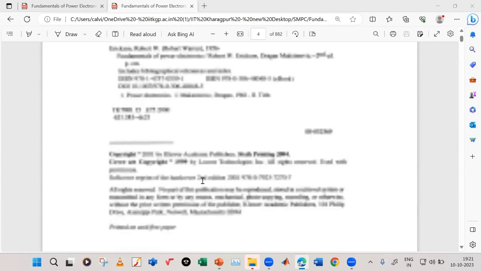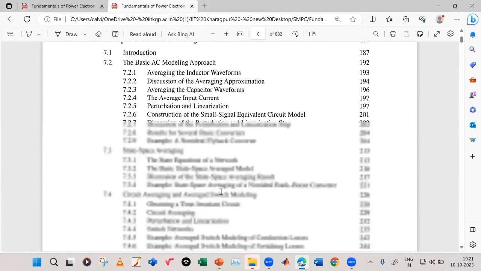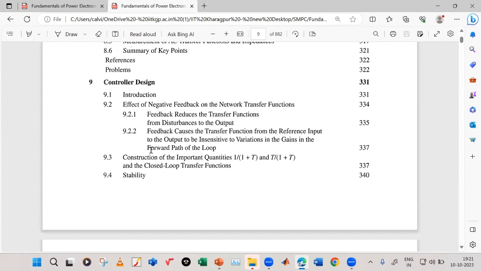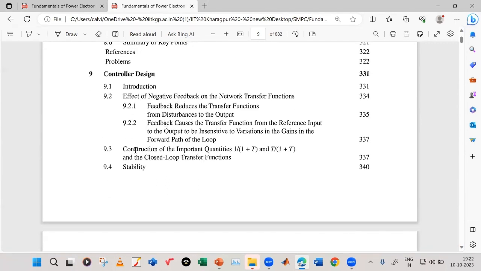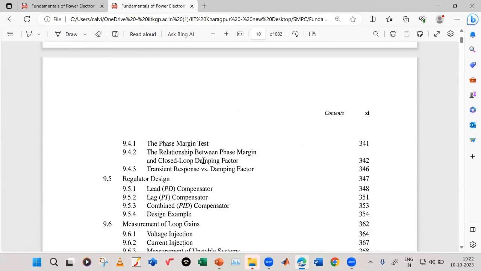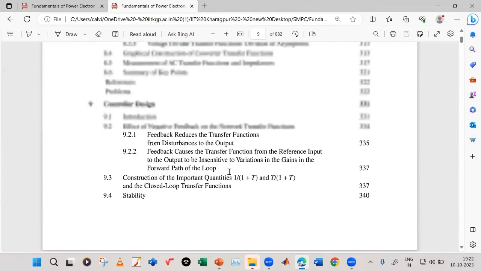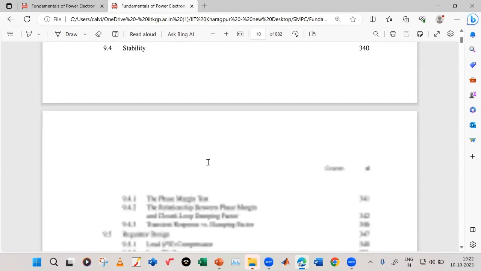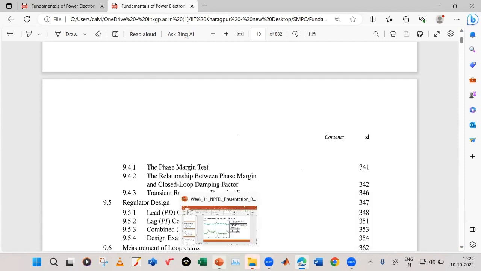In this chapter they discuss phase margin, damping factor, and transient response. All these things are explained in chapter 9, controller design. You can refer to this one.